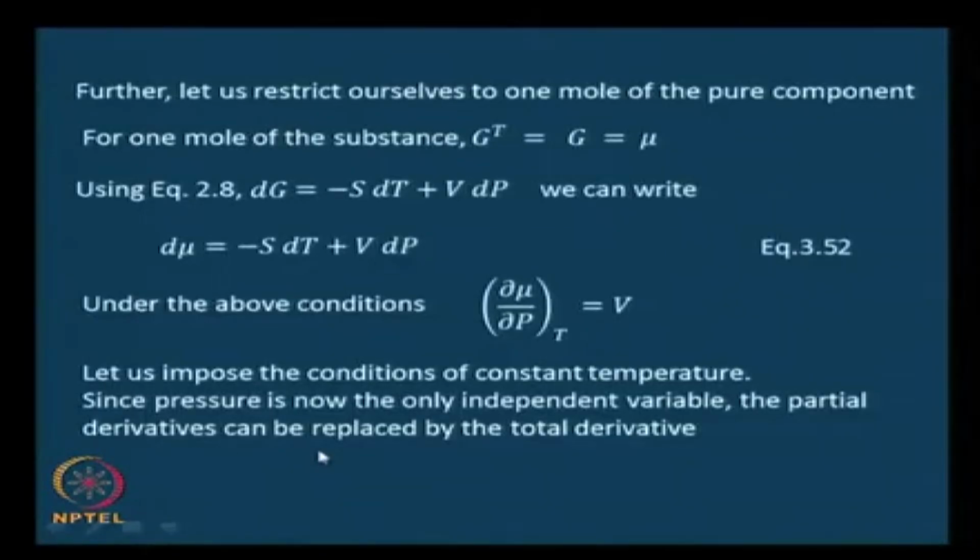They all become total derivatives, because the variation is only with respect to one variable, and therefore, the partial derivatives can be replaced by the total derivative. Therefore, we can write d mu dp equals v, and therefore, d mu equals v dp. Equation 353.